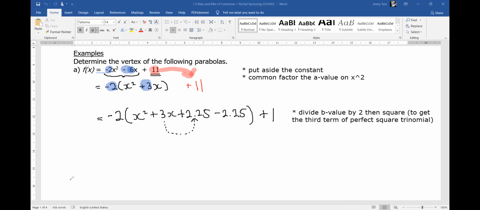And that's an 11. Okay, how about I use a different color? Okay, you have to add and subtract it for sure.